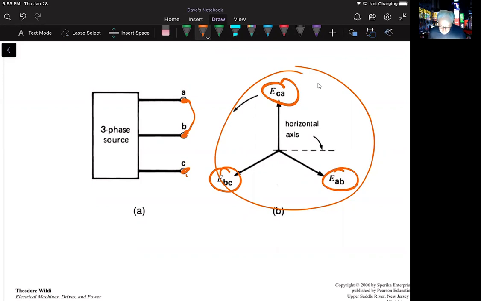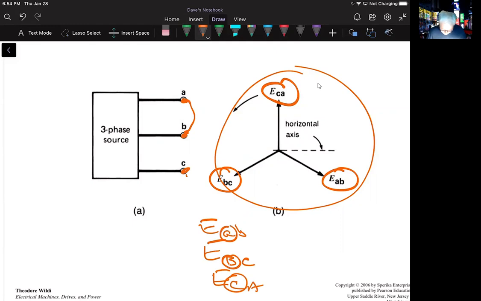When using the double subscript notation, the sequence of the first subscripts corresponds to the phase sequence of the source. So EAB, EBC, and ECA, the first letters describe the sequence that we're talking about.